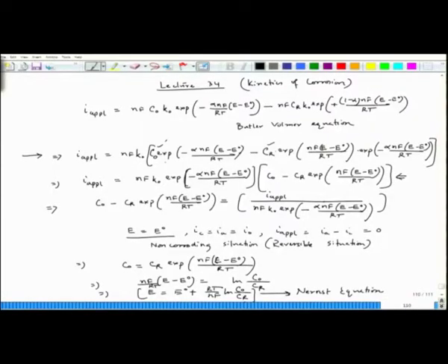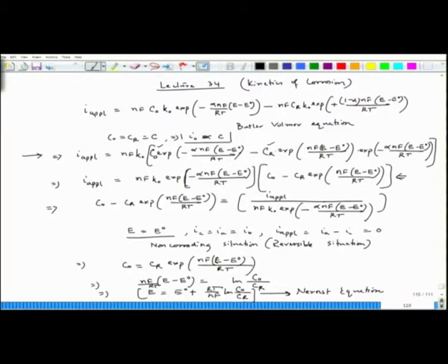So, in this case if we consider C_R equal to C, then I could see that I0 could have a proportionality with C, the concentration.